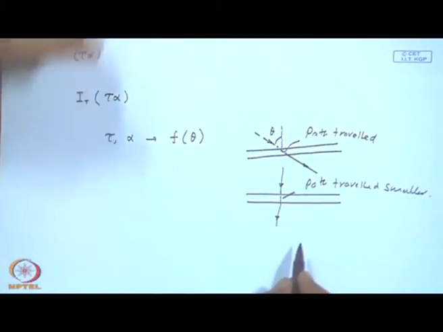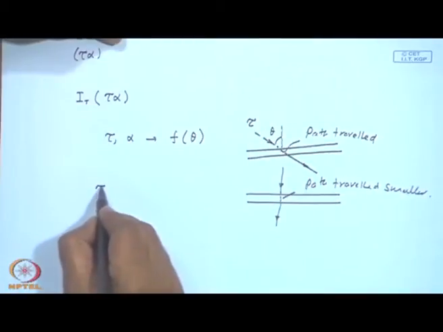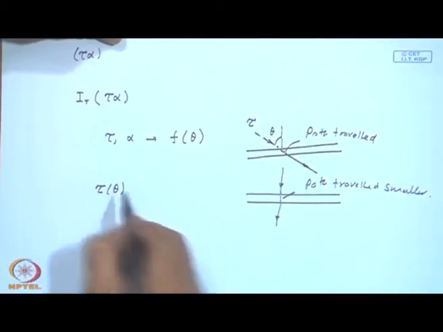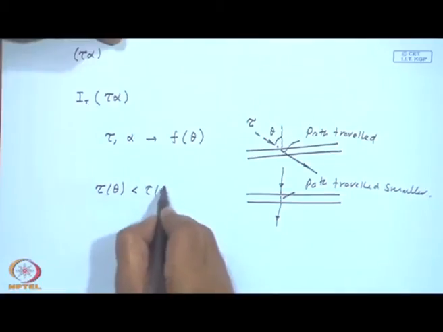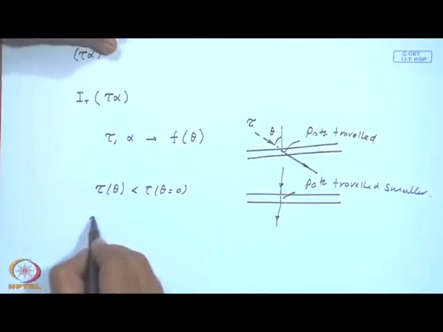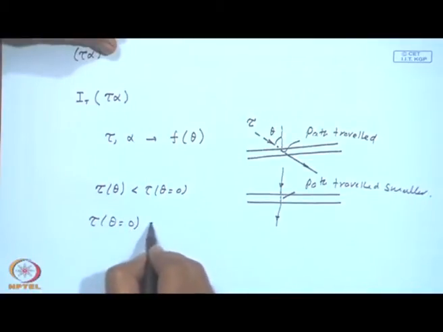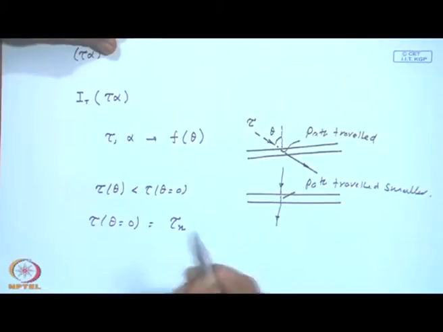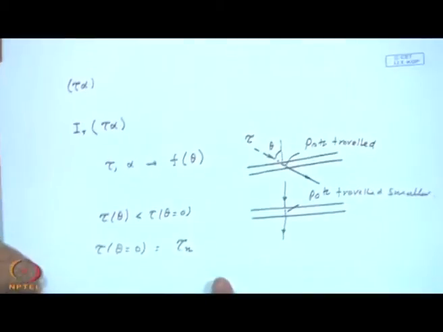So, tau at theta should be less than tau at theta equal to 0. This tau at theta equal to 0 is called the normal incidence value, tau at normal incidence.